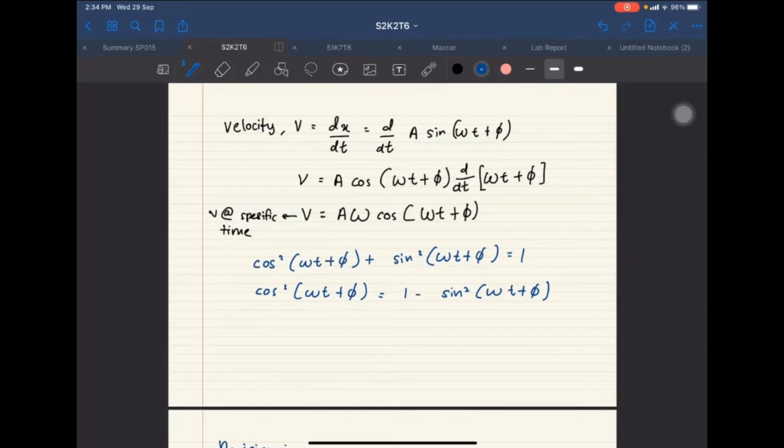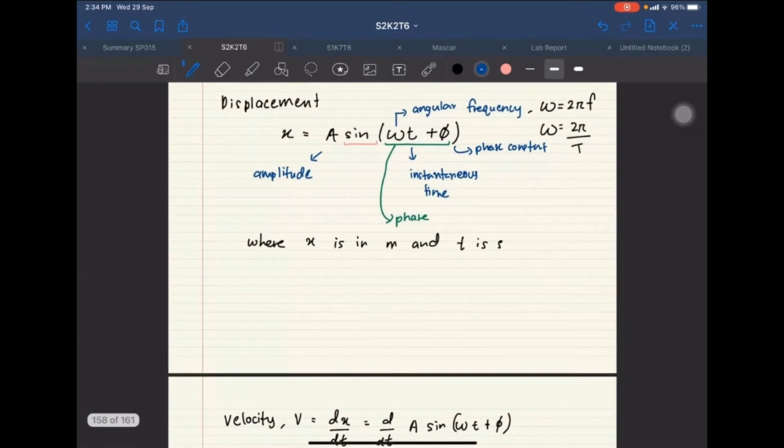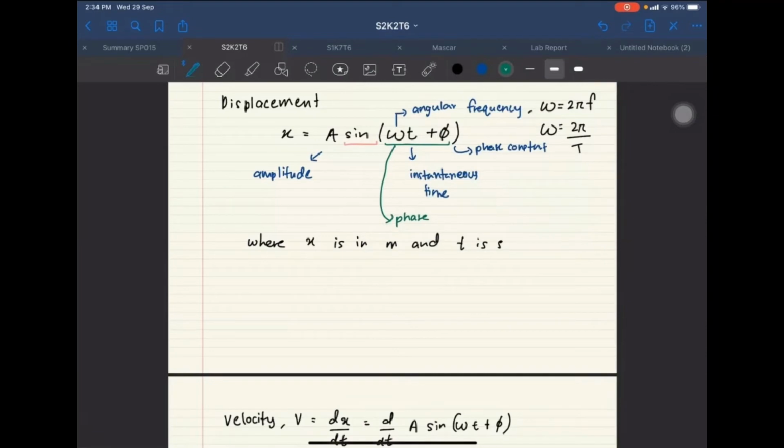Okay, and if you are looking back at the initial equation of x here, actually saya boleh rearrange this equation. So I can put this one as x over A equals to sine (omega t plus phi). You guys agree with this or not? Yes, sir.